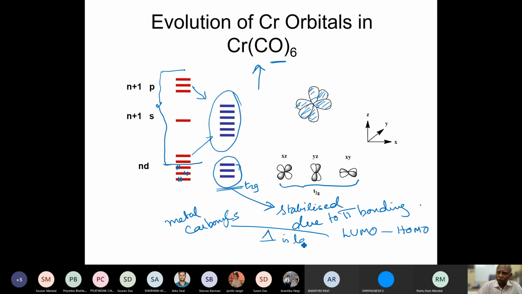Delta is large. As a result, many of them absorb only in the UV region. They're colorless.